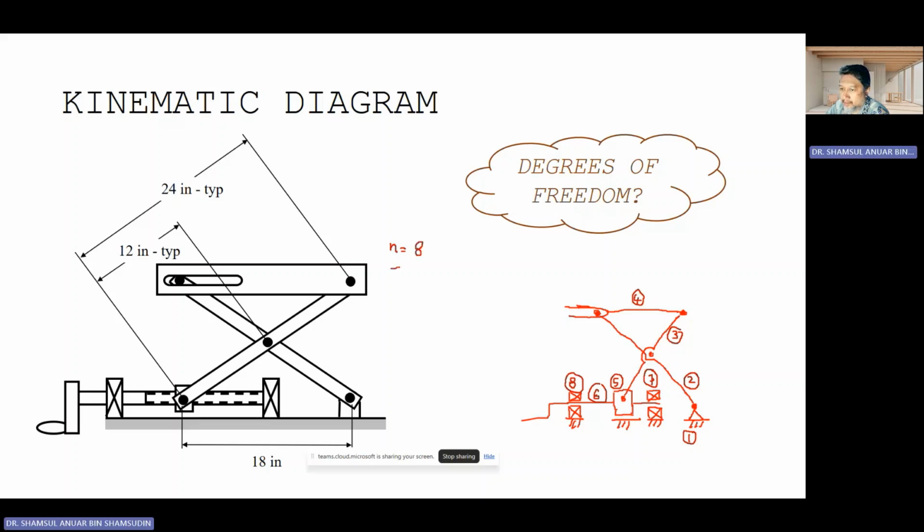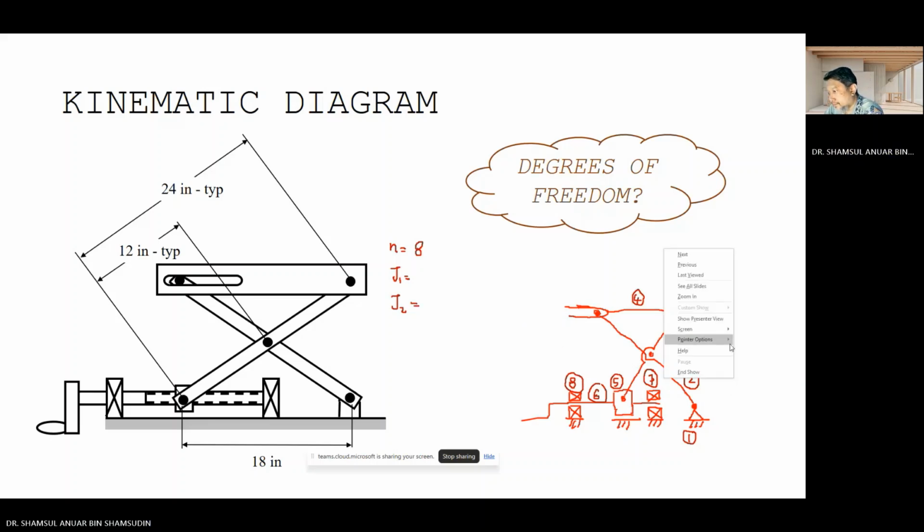And later we need to find what our J1 is, and also in this case, a J2. The J's are the joints. So we have J1.